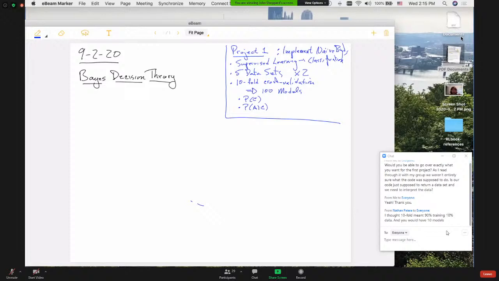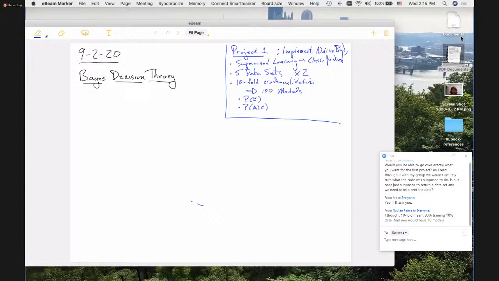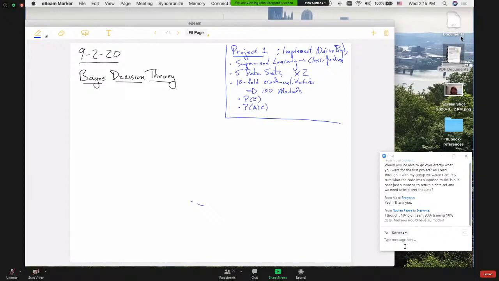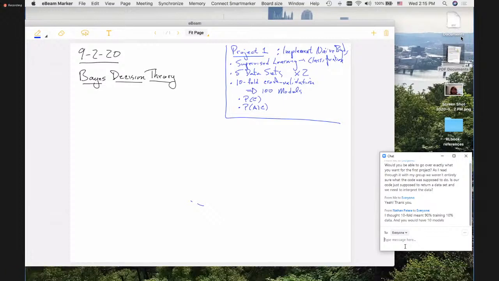That's correct, but you have 10 models times 10 different data sets, which is why you end up with 100 models. So 10 models per data set. Does that answer your question, Nathan? Are there any other questions related to the project before we move on?